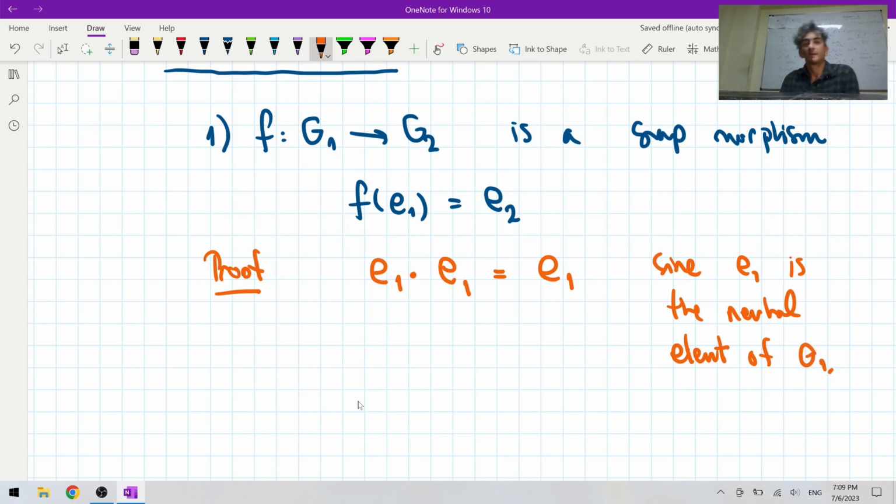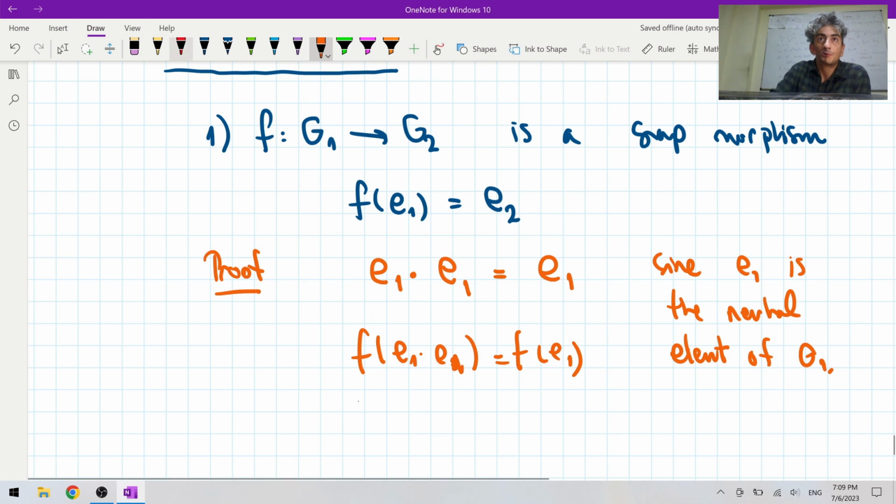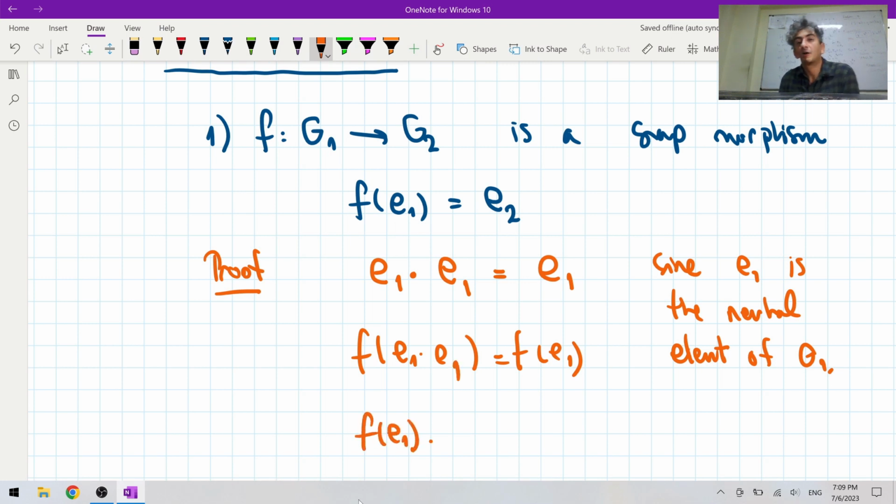So when you apply f on both sides and you use that this is a group morphism, what you get is that f of E1 applied to f of E1 has to be f of E1.